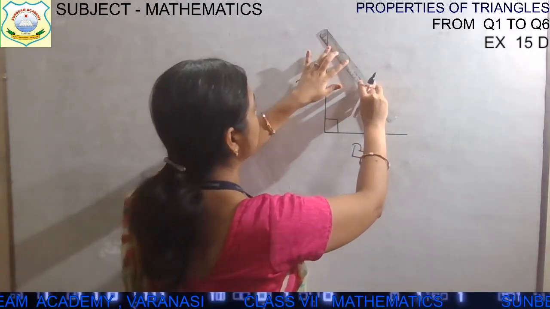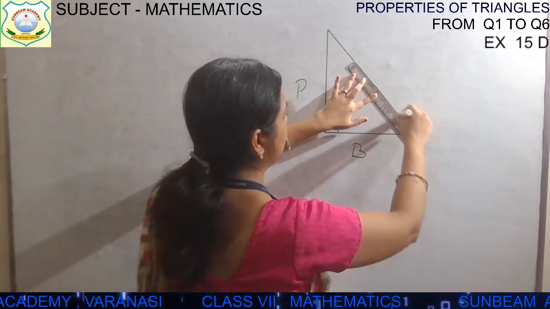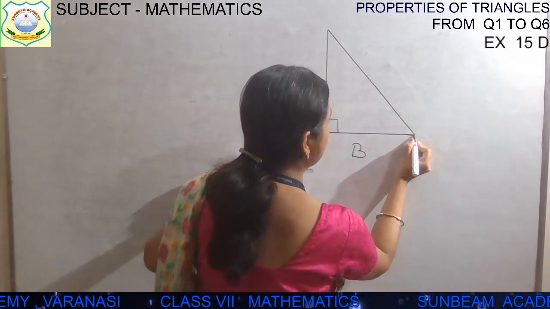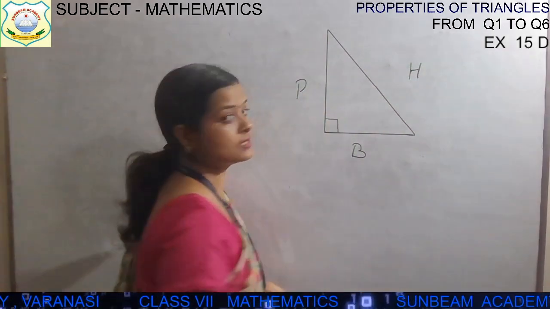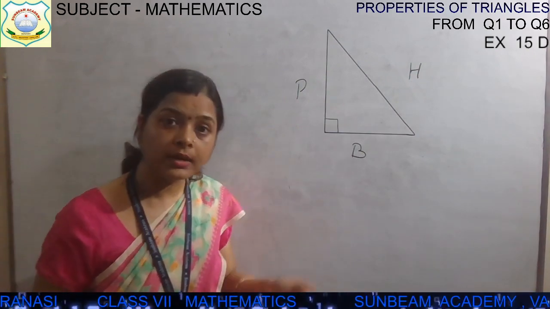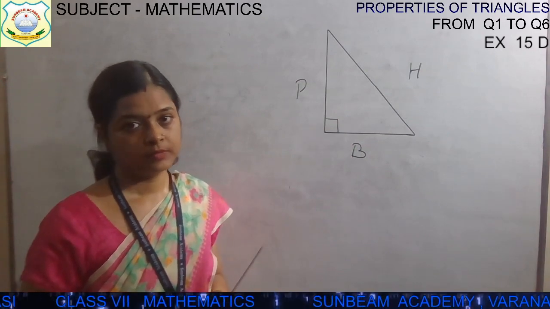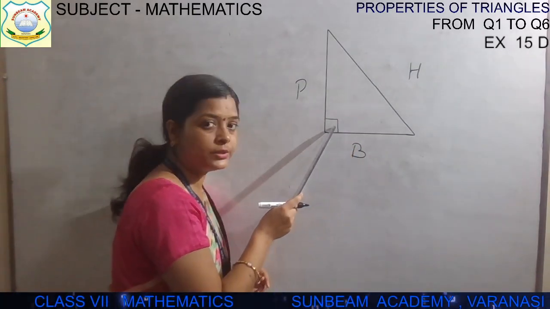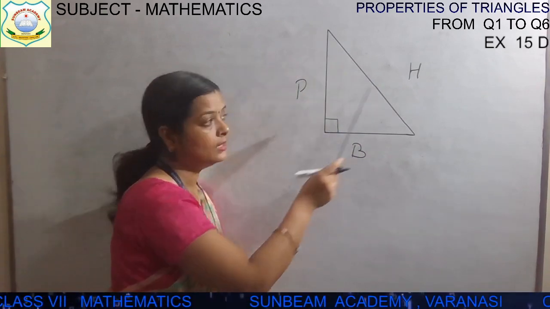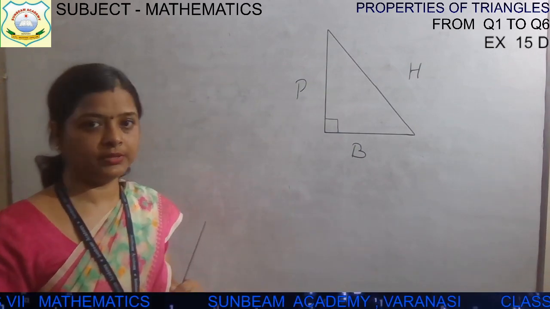And the third side, this one, children, will be called the hypotenuse side. This hypotenuse side will be the longest side of the right angle triangle. The side which is opposite to 90 degrees is the longest side, and it is also called the hypotenuse side.